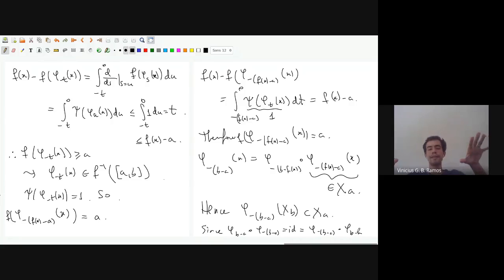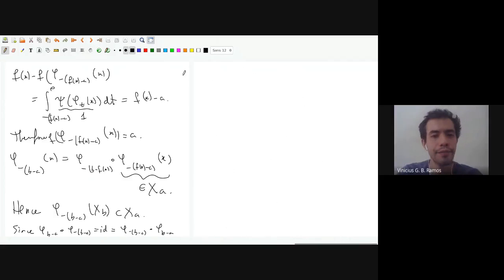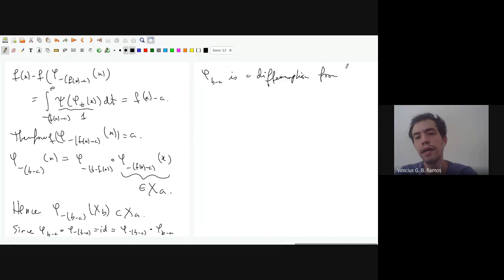One is taken to the other and the other is taken to the one, but these two maps are inverses of each other. So that means that phi of b minus a is a diffeomorphism from xa to xb. Okay, so that's the end of the proposition.